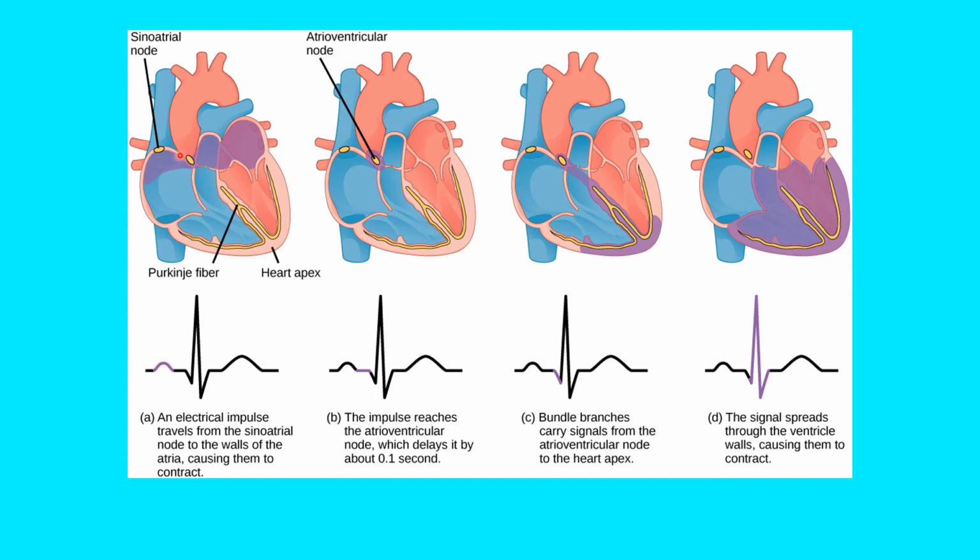It corresponds to the contraction of the atrium. And then now the atrium is relaxing in this little segment right here. Here's your AV node. It was stimulated because here is your SA node. You stimulate the AV node, bundle of His, branching, and Purkinje fibers.